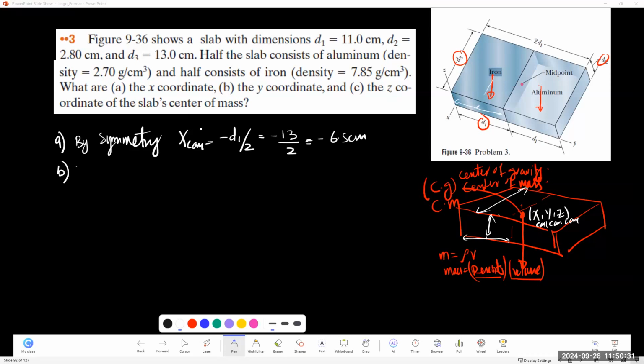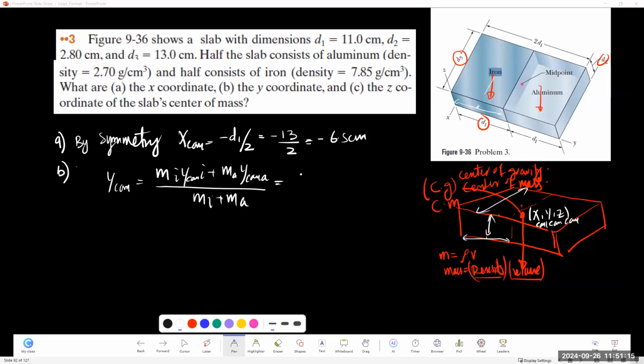B, the y coordinate. We're going to write the whole formula. The y component equals, Mi means iron, I need the y combined of the iron, so I'm going to write mass of iron plus mass of aluminum times y combined of aluminum, and divide by both masses, so Mi plus Ma.